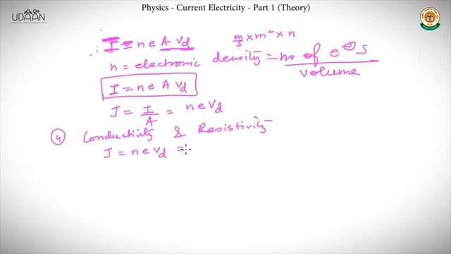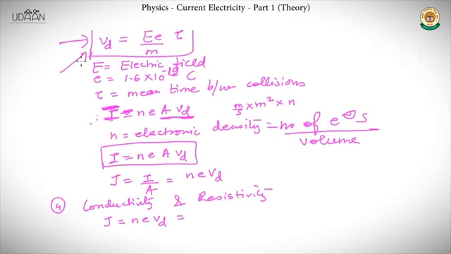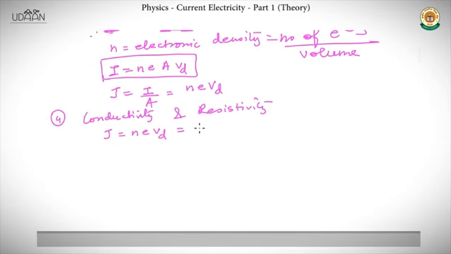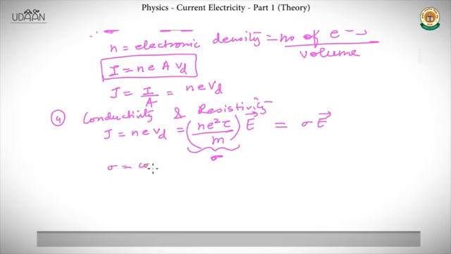Now if I substitute Vd from the above equation, I will get N into e square tau upon m into the electric field. Now this is a constant for a particular scenario, right? And tau we mentioned is the mean time between two collisions. Now this constant is represented by sigma, which is called the conductivity. So J equals sigma E, where sigma is the conductivity.